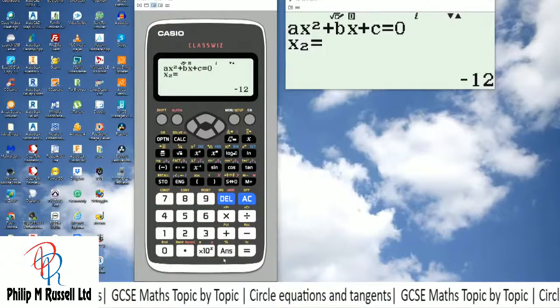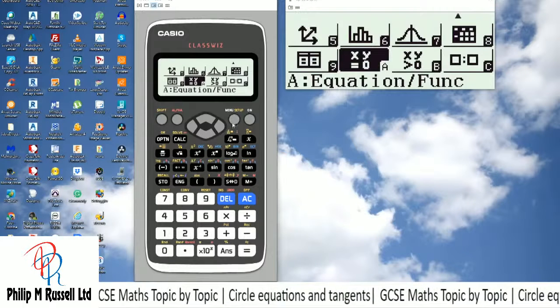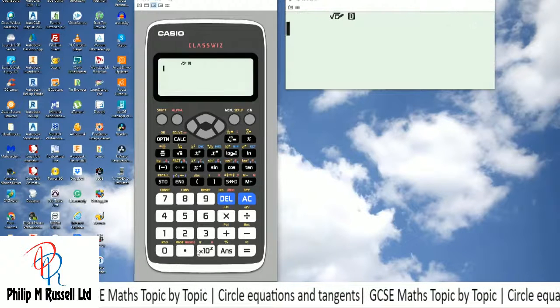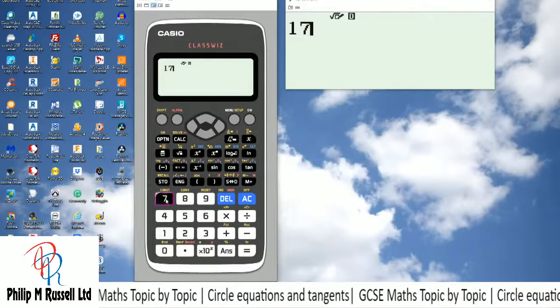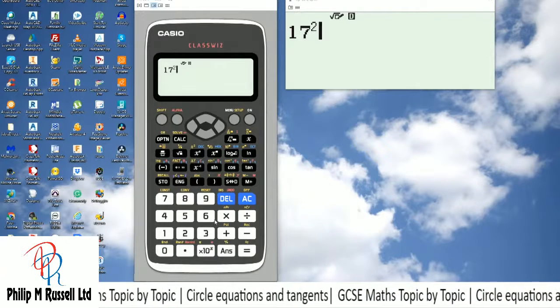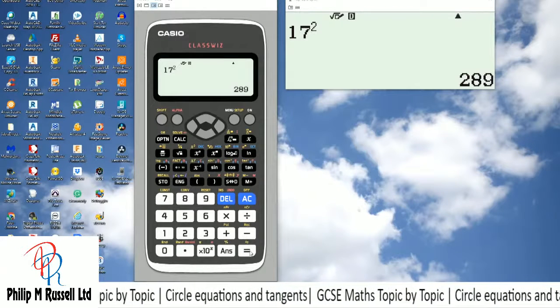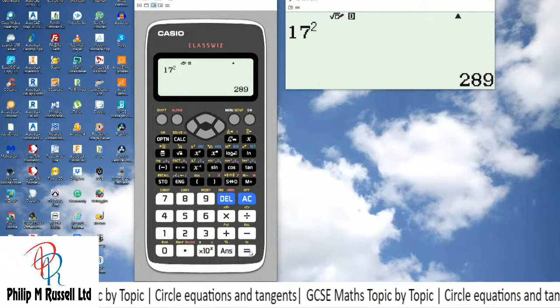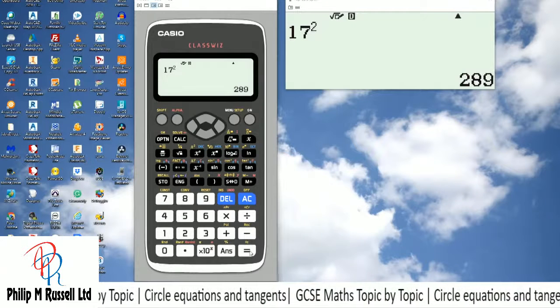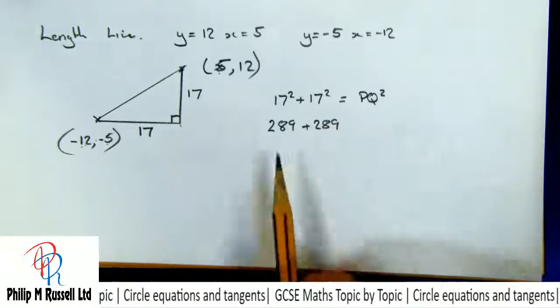I'm not that good on my 17 times table, so I'm just going to go in my menu to the main calculator, and I can work out what 17 squared is, and that gives me 289. So this is going to be 289 plus 289.